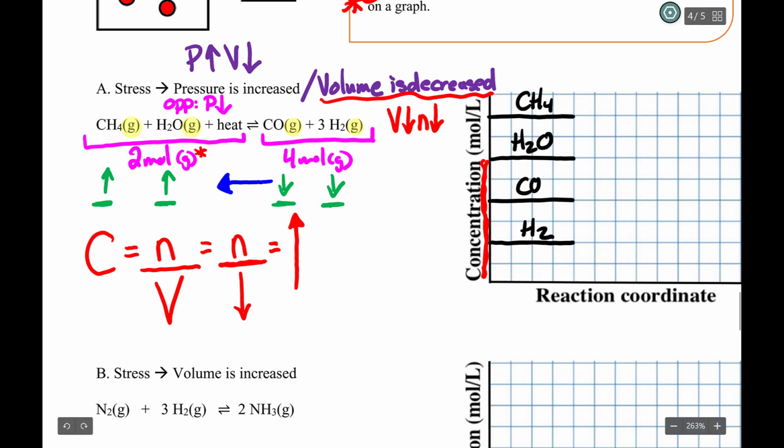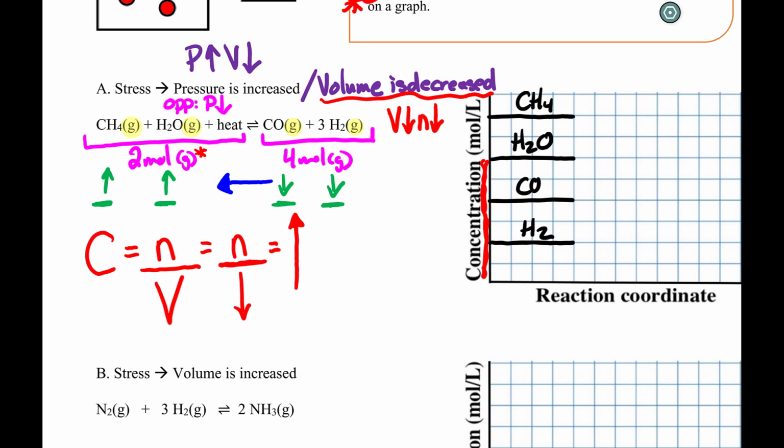For example, let's say I started with 2 over 2, that's 1, and then I stuck with 2, but it became 1 on the bottom, well that's 2. I went from a concentration of 1 to a concentration of 2, which means my concentration has gone up.